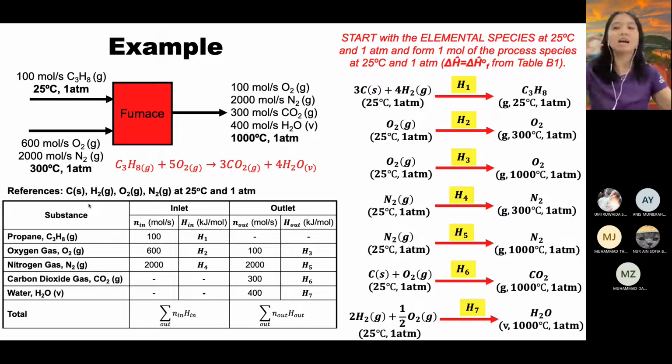So that carbon and hydrogen gas is your reference condition. I know my explanation is a bit confusing because energy balance is actually difficult. But in other words, because we want to use the heat of formation method, we must first form the substance, then change that substance to the temperature or condition that we want.